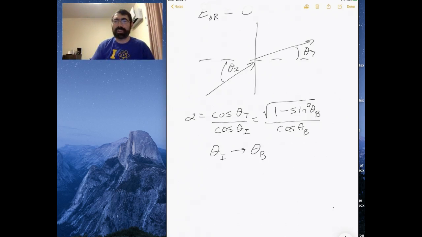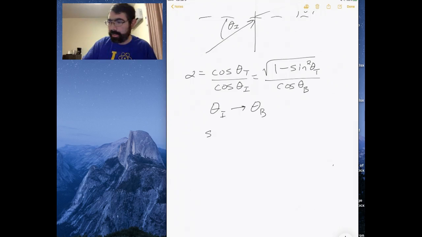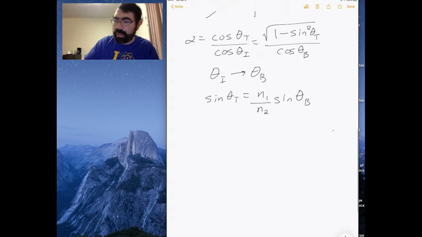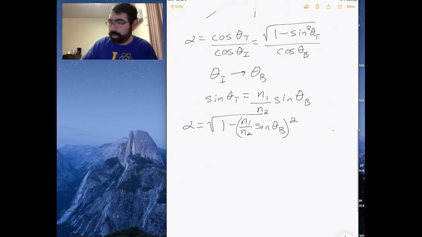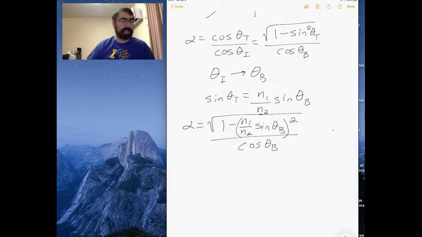It's a change of variable. That is still theta t. And from Snell's law, we know that sine theta t is n1 over n2 sine theta incident, or b. So now I get the square root of 1 minus quantity n1 over n2 sine theta b, squared, over cosine theta b. And all of that, I said, is going to be equal to beta.